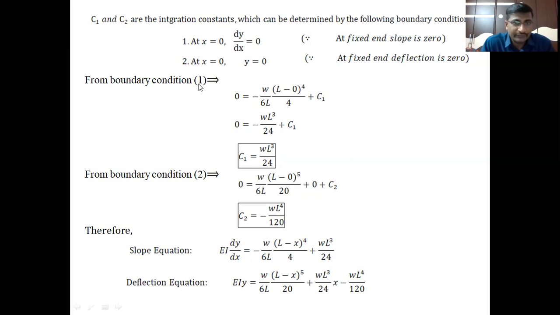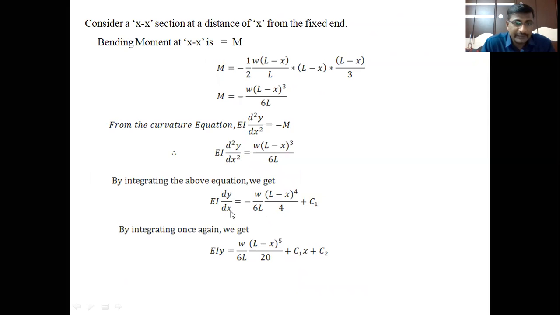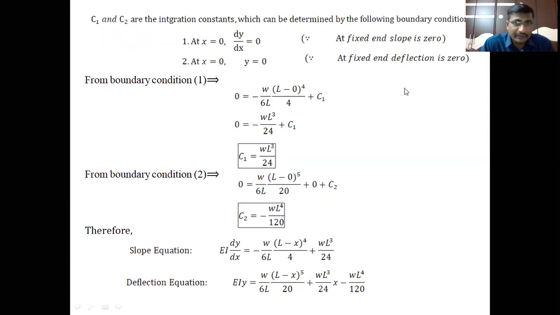So from boundary condition 1, if we substitute this into our slope equation, what is the slope equation? This is EI dy by dx is equal to minus W by 6L into (L minus x) whole power 4 by 4 plus C1. If you substitute 0 in place of dy by dx, left hand side is 0, and in place of x put 0, therefore (L minus 0) whole power 4. So minus W by 6L, (L minus 0) whole power 4 by 4, plus C1. Left hand side is 0, the dy by dx value is 0.